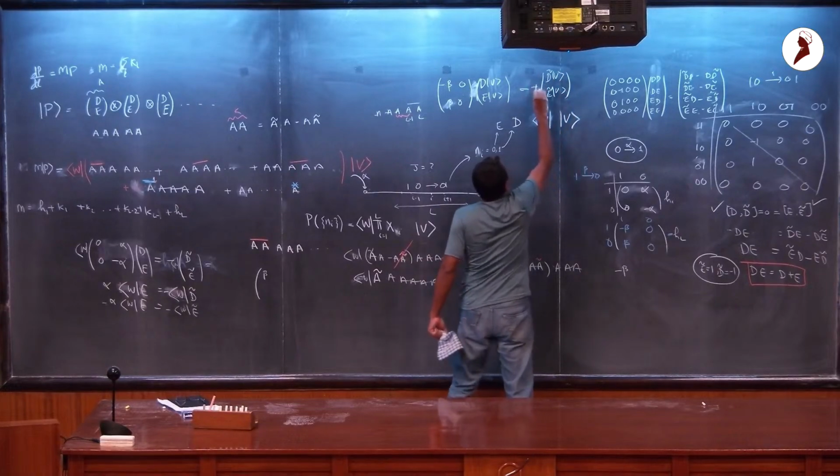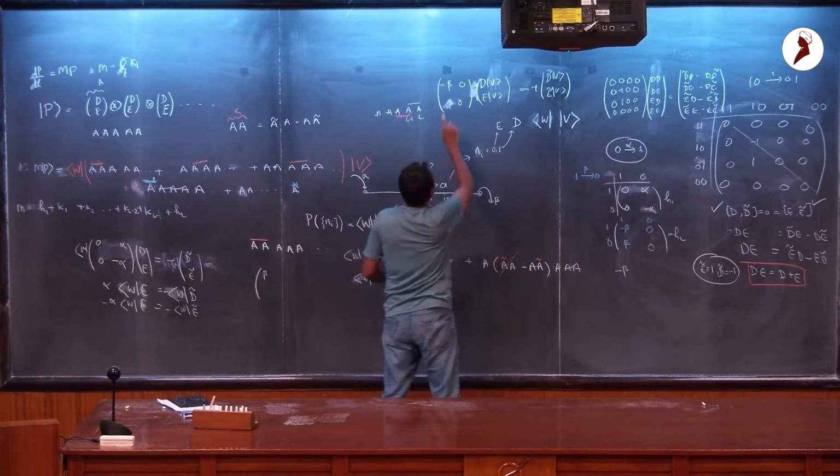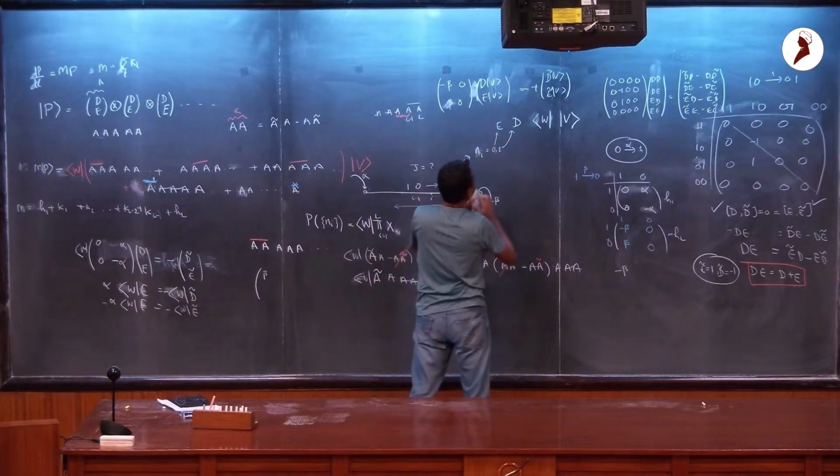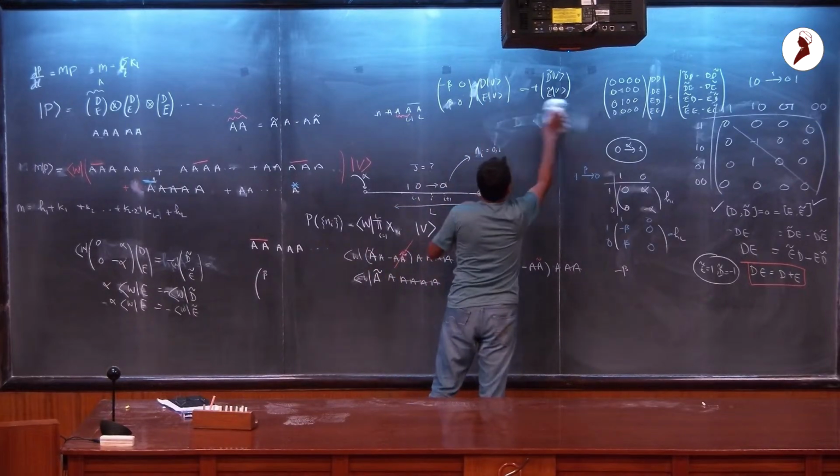And plus. So now what is the equation? Minus beta V, this I will erase.